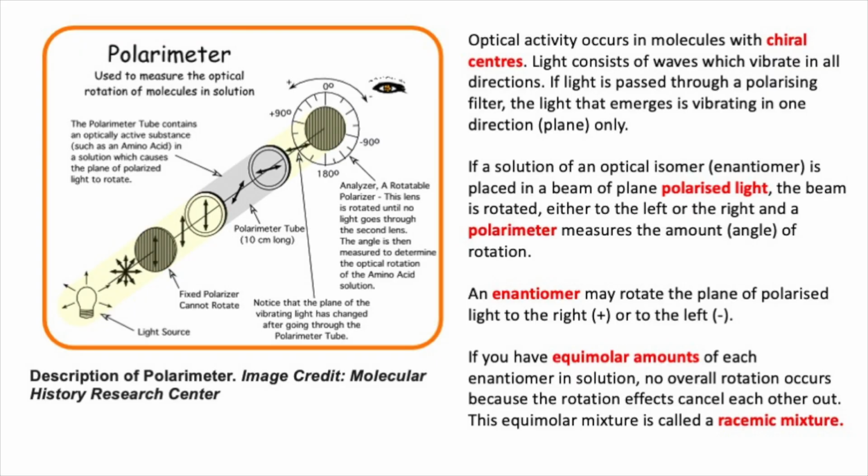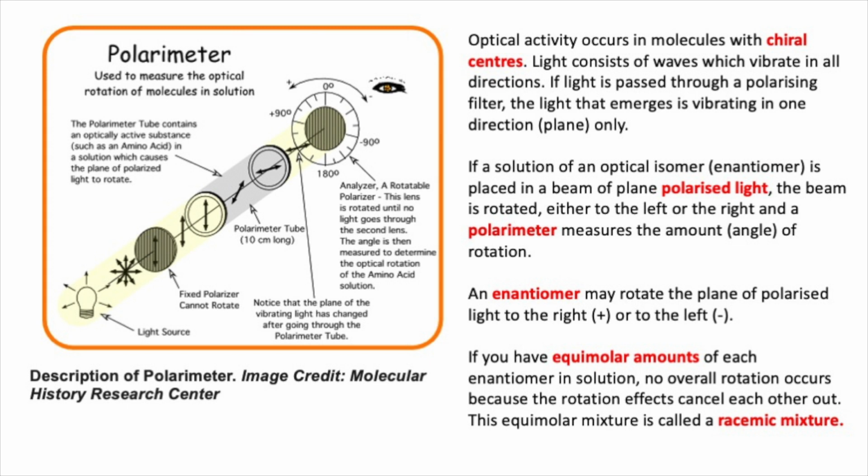Now, as I've said previously, optical isomers will have identical properties apart from the fact that they rotate the plane of polarized light in opposite directions. Now, light consists of waves which vibrate in all directions, but if light is passed through a polarizing filter, the light that emerges is vibrating in one direction or one plane only.